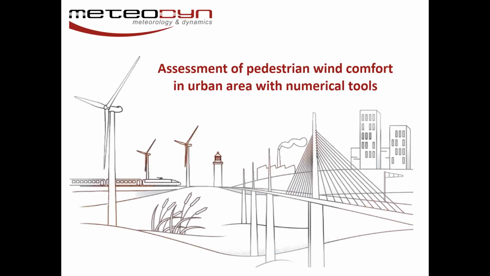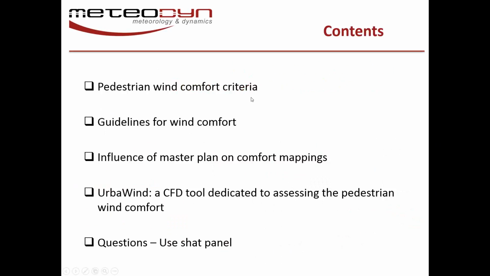So, the contents of this conference are the following. Firstly, I would like to explain how to assess the pedestrian wind comfort by introducing pedestrian wind comfort criteria. The pedestrian comfort depends on each country's regulation according to various guidelines.